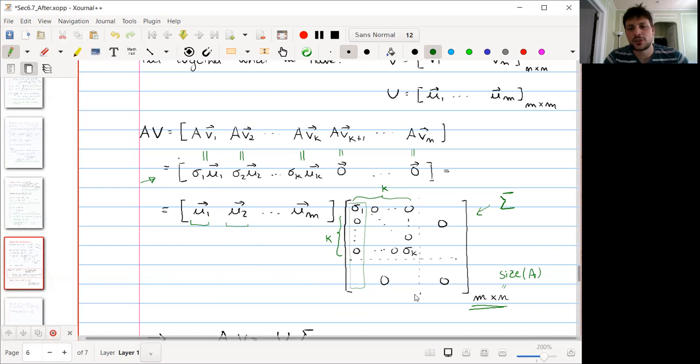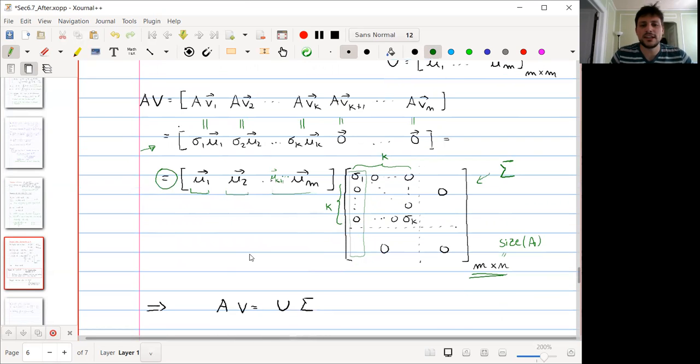But then after you reach sigma k, sigma will kill the last columns of U. So all of the U(k+1) through Um here at the end will become zeros. So I'm trying to convince you that this equality is in fact valid. Think about it for a little bit, and we'll do an example in a second, and you can see this happening there.